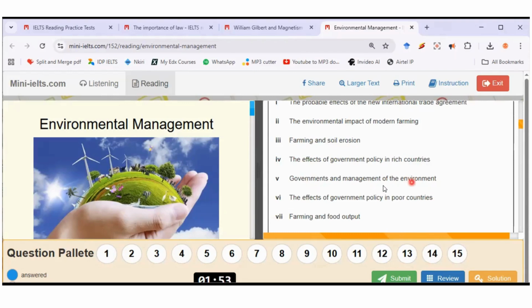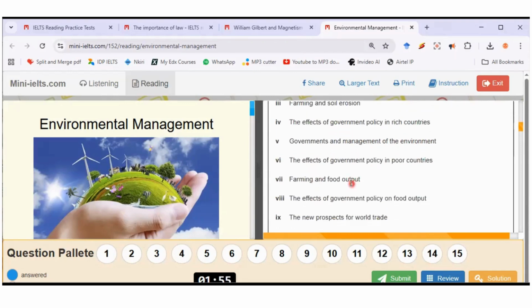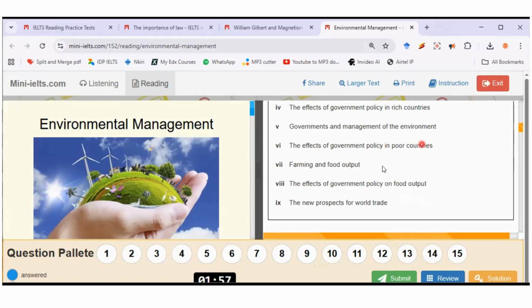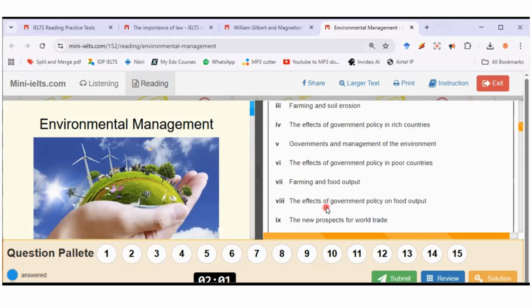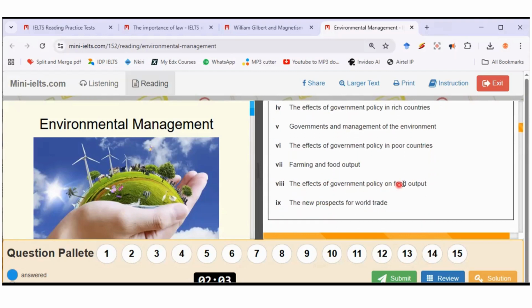The effect of government policy in poor countries. Poor countries is a keyword here. Farming and food output. The effect of government policy on food outputs. Can you see that effect is showing up a lot? The new prospects for world trade. So those are my keywords.